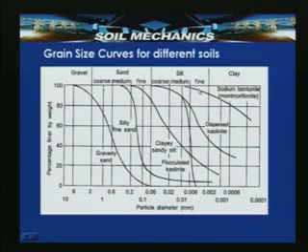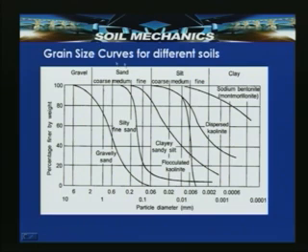The montmorillonite has the finest particle sizes. That is what we learned while introducing structures of the soil minerals. We said that bentonite has the finest of the fine particles with the highest specific area and highest cation exchange capacity. So, this slide represents typical grain size curves for different soils.